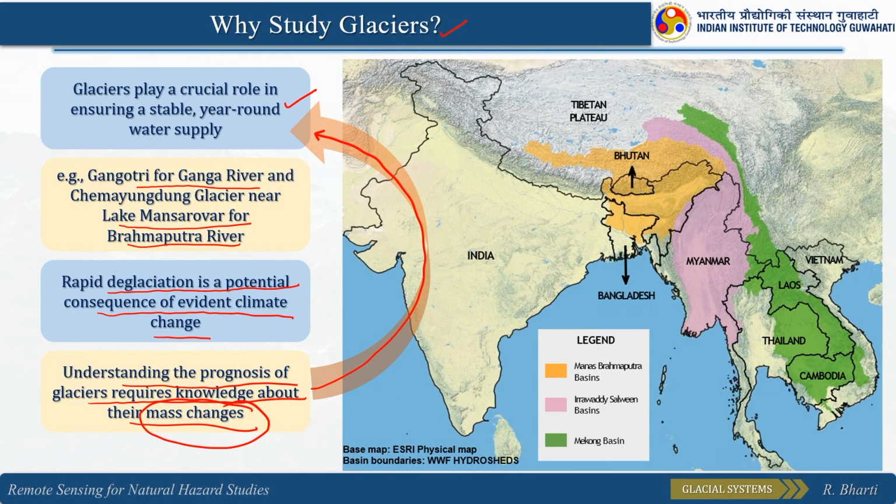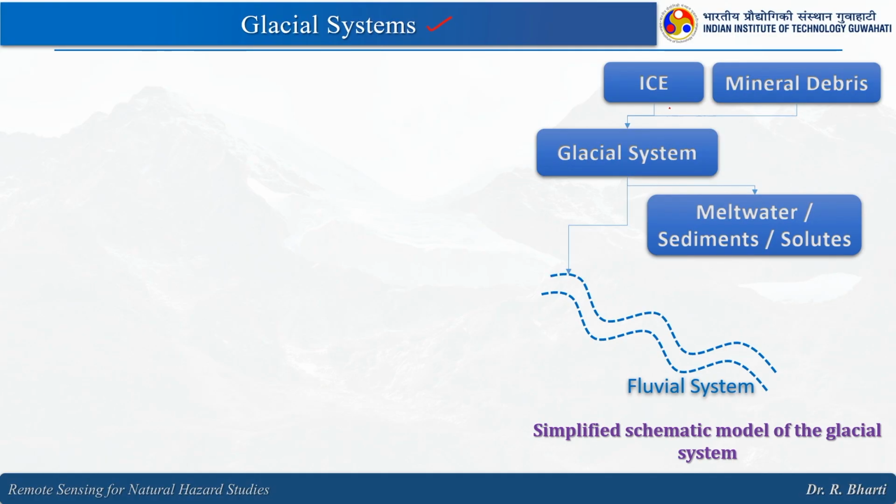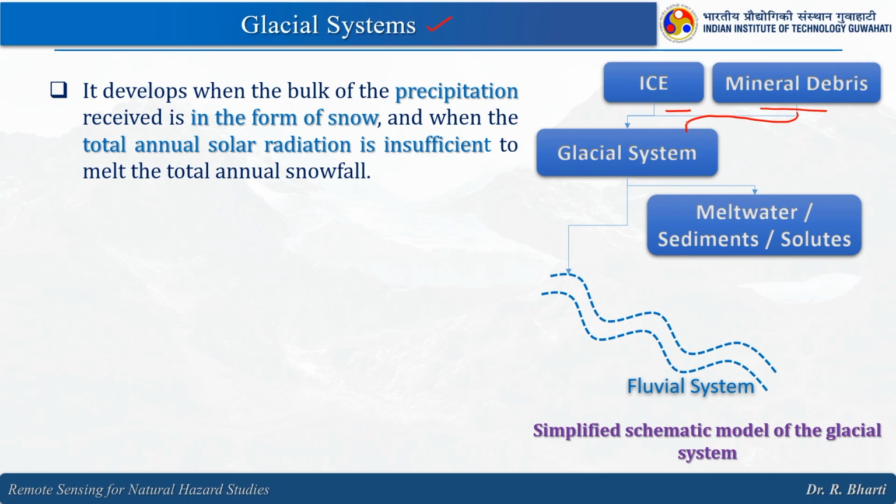Before we get into the hazard part, again let us see some of the more basic components. Let us see the details of the glacier system. Here you can see the ice or the mineral debris that is coming into the glacier system. It starts with solid precipitation, and slowly because of metamorphism it gets into glacier ice, and because of the influence of gravity it starts moving.